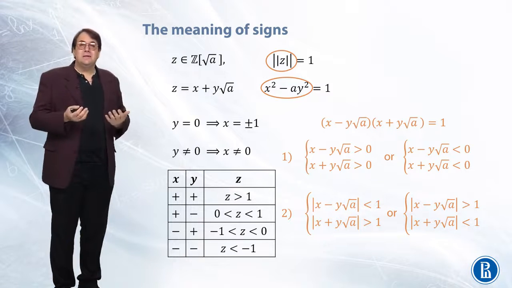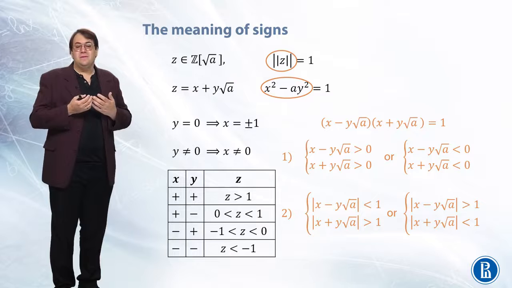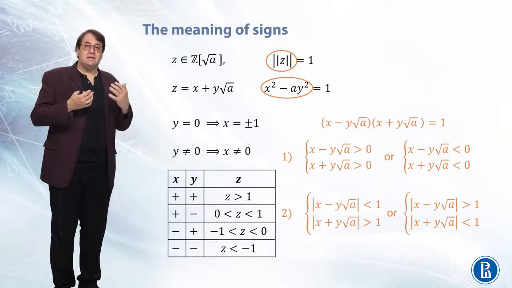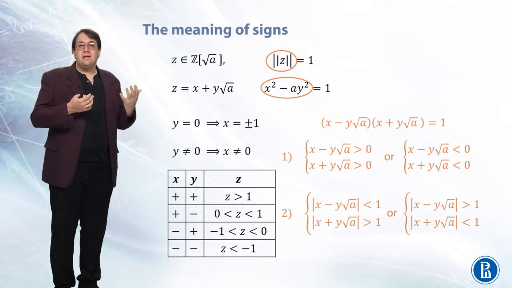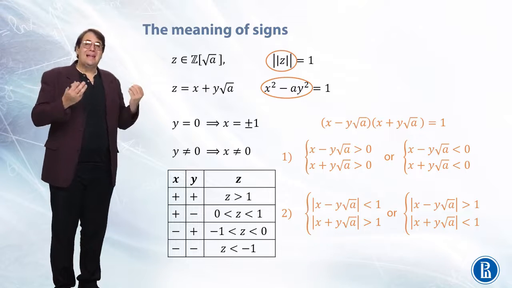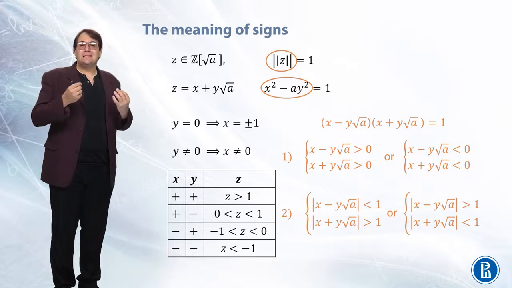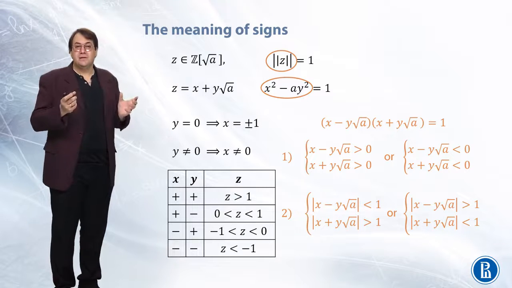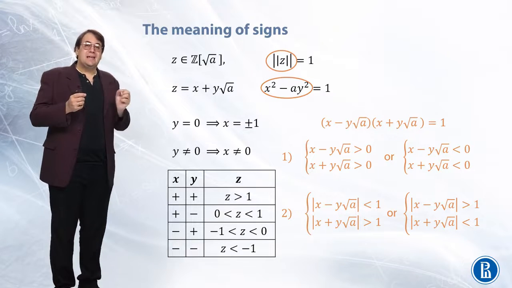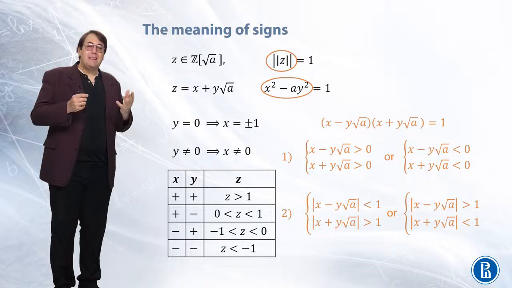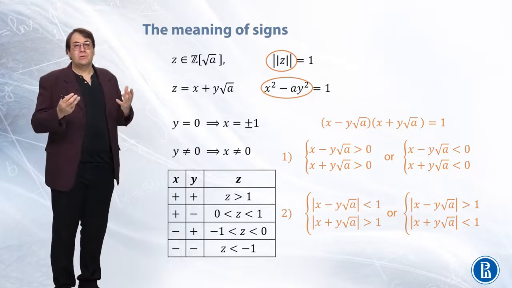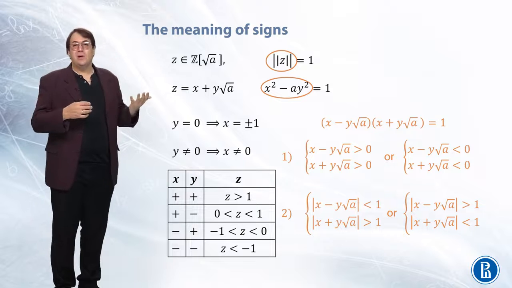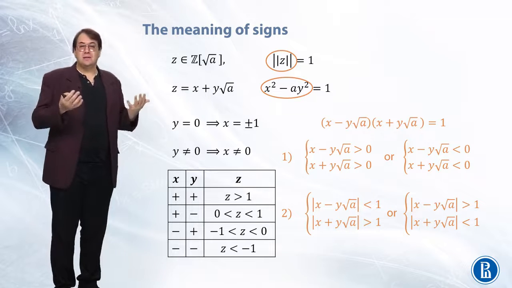And this explains why if x and y both positive give us z greater than 1, then x positive and y negative give us z less than 1. Because the product of the expressions x minus y square root of a and x plus y square root of a must be equal to 1. So one of them is greater than 1 and the other one is less than 1.